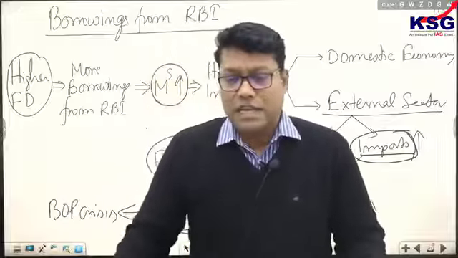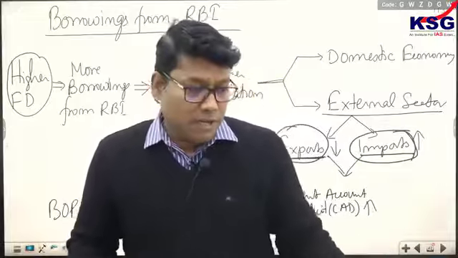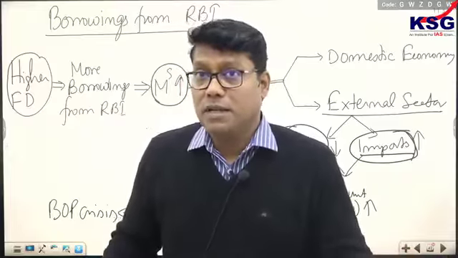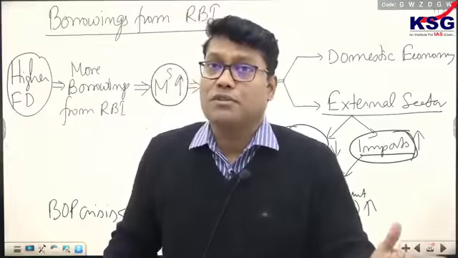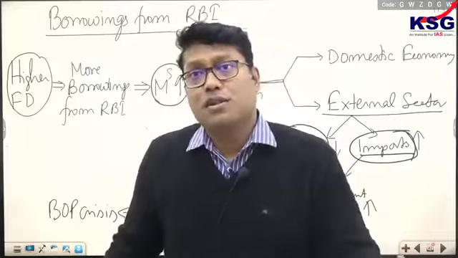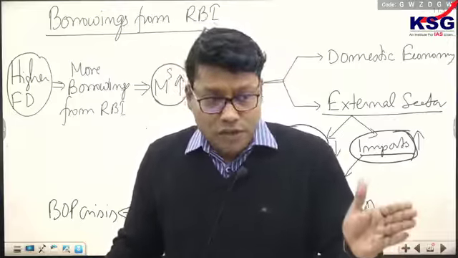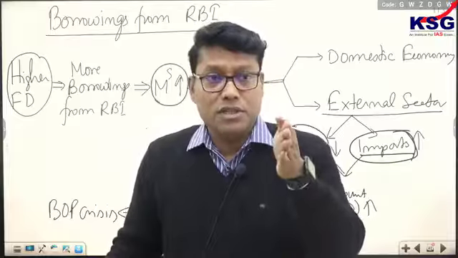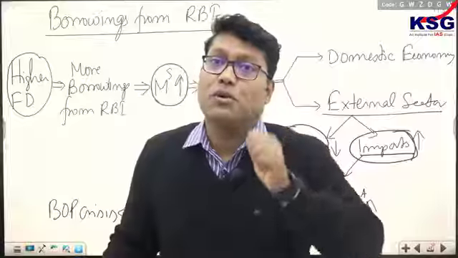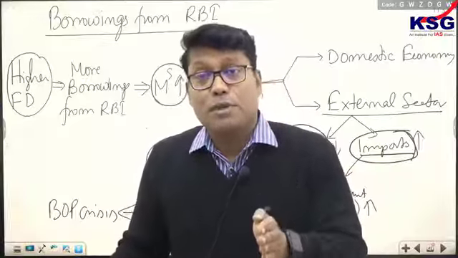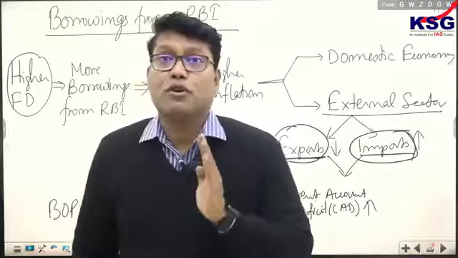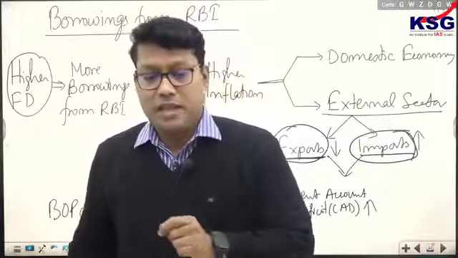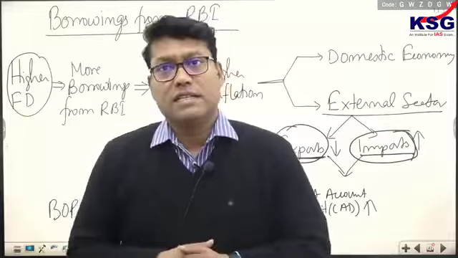For that reason, in 2002, one bill was introduced in Parliament, known as the FRBM bill, which was passed in 2003 and is known as the FRBM Act. The FRBM Act is a Parliament Act, and it puts a binding constraint on the government, not only the present government but also future governments: you have to follow the fiscal consolidation path or policy and manage a low level of fiscal deficit.